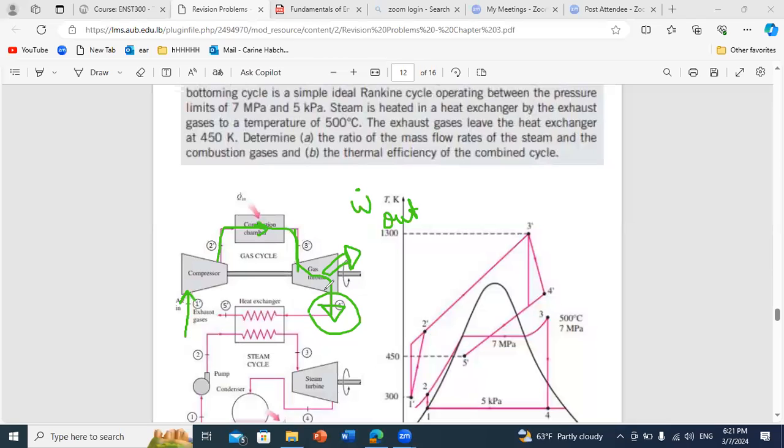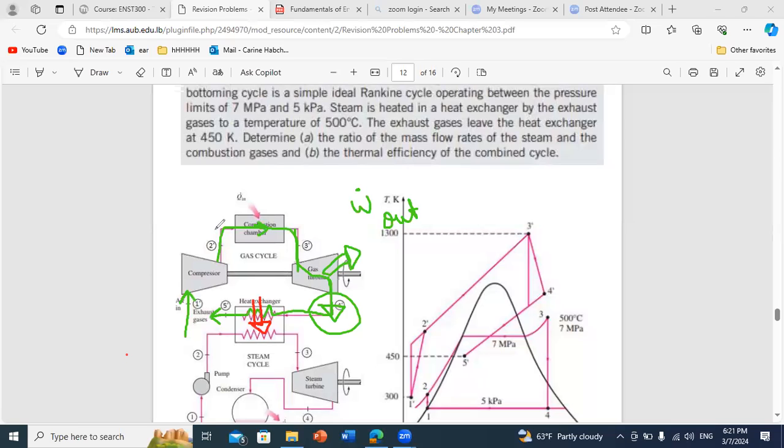That's why, to enhance the efficiency of this system, we take these exhaust gases through a heat exchanger. This is a type of heat recovery, because instead of losing this heat, we pass these exhaust gases through a heat exchanger, and then we can take heat from these hot gases and give this heat to steam in the evaporator of a steam cycle.